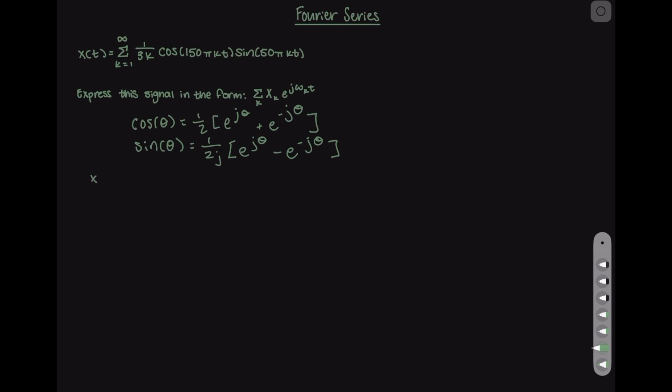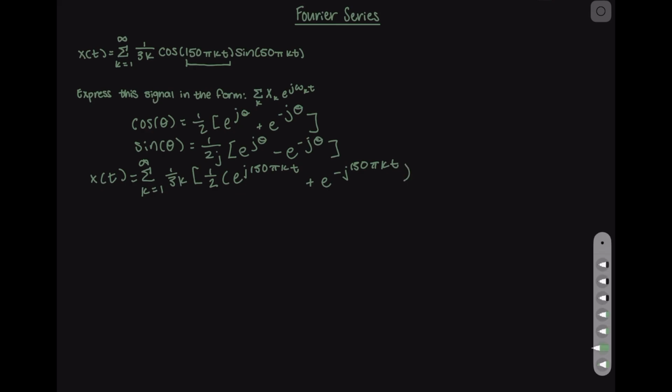So we've got x of t is equal to the sum from k equals 1 to infinity of 1/3k, and this is where we're going to start substituting in. For our cosine term, we have 1/2 e to the j, and for our theta, we're going to use everything in the parentheses here, so that's 150 pi k t, plus e to the negative j 150 pi k t.